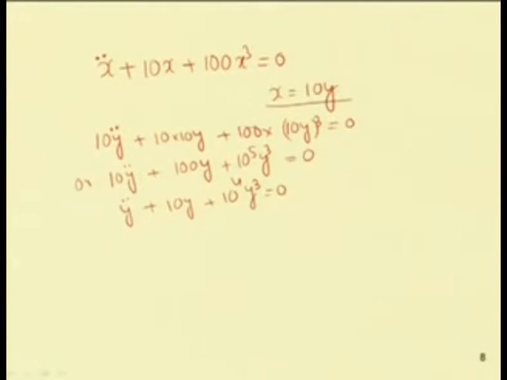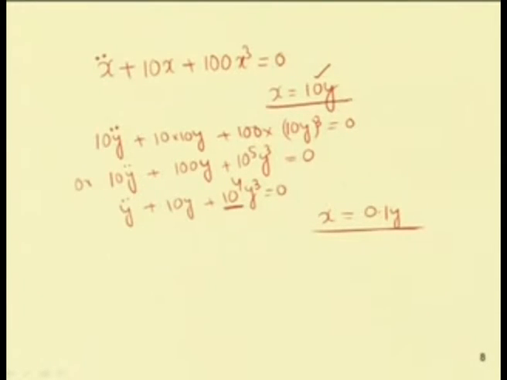So, by taking x equal to 10 y, using the scaling factor of 10, you have observed that this coefficient has increased. But if I take a term, let me take x equal to 0.1 y.